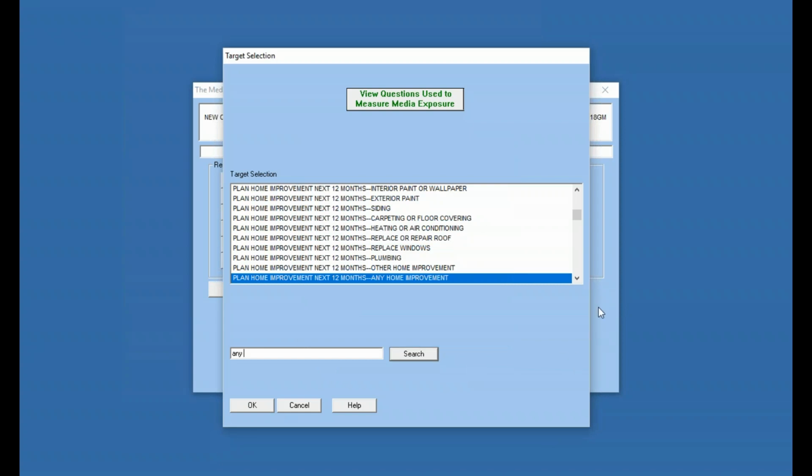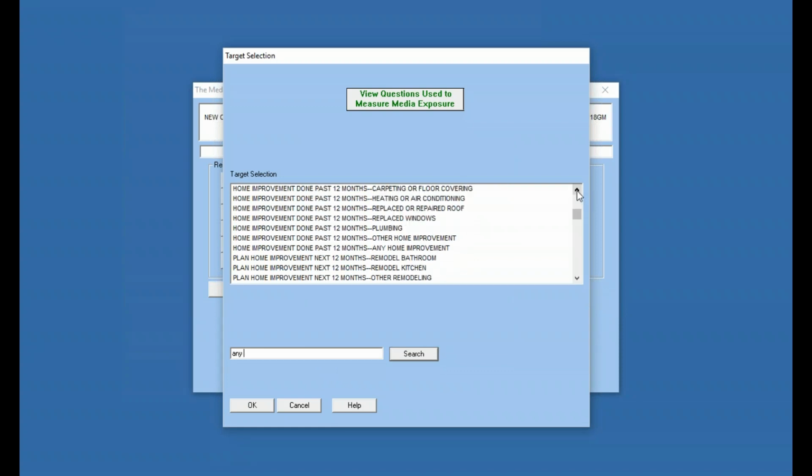And I want to point out, this is why I wanted to start with this type of target for today's session. I want to point out what we've done with home improvement. We've not just looked at someone who's planning a home remodeling project in the next year, but we detail what they've done in the past 12 months, and it's specific. It's large projects such as bathroom and kitchen remodels, it's additions, it's smaller things that are sometimes maintenance issues, but a quick way to freshen up a home.